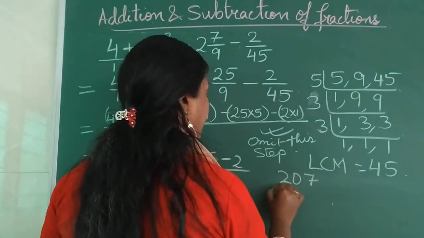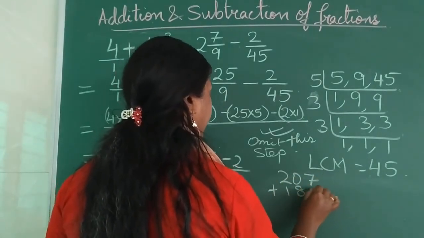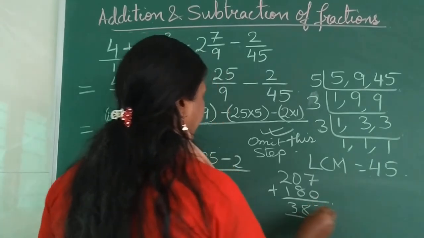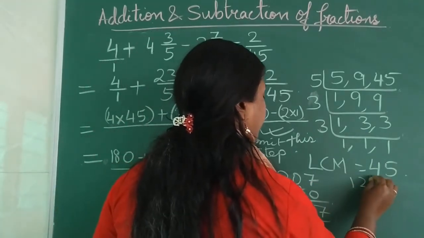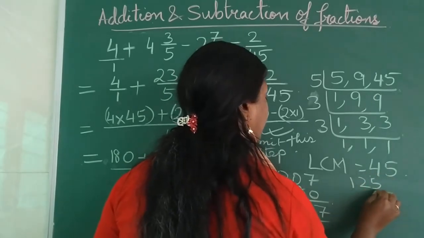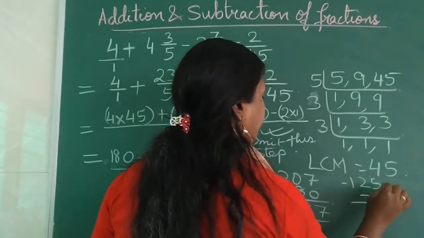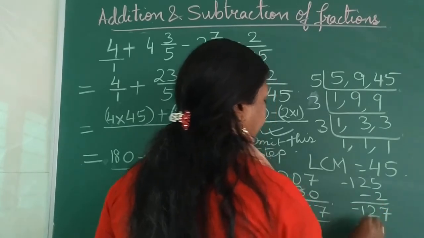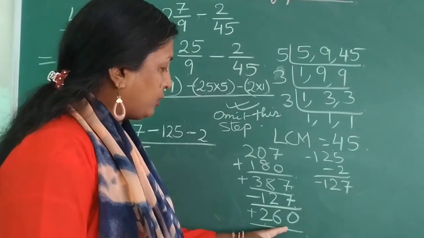207 plus 180 gives you 387. 125 and 2 to be added. Because both are having minus sign, we get 127. So on subtracting, we got 260.